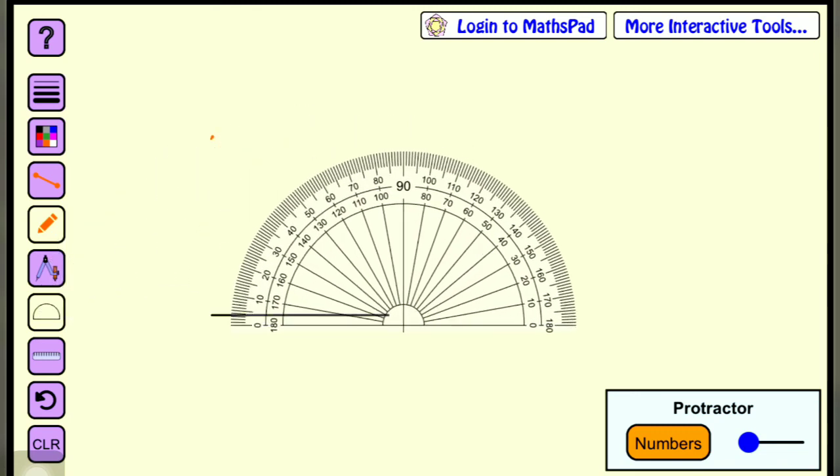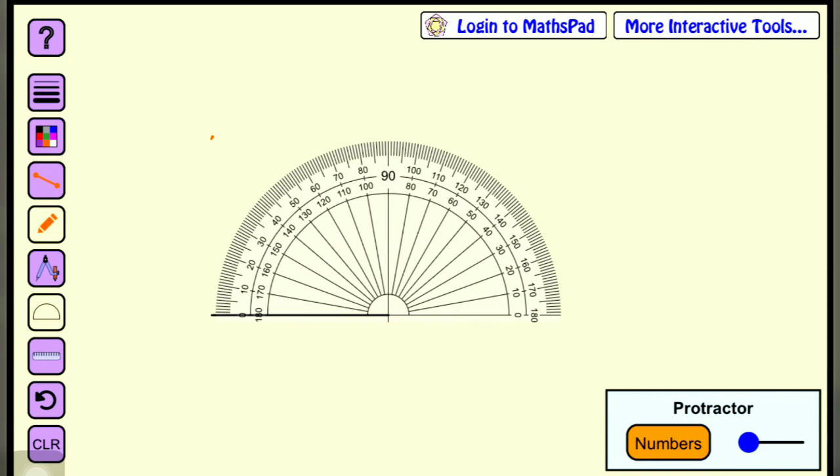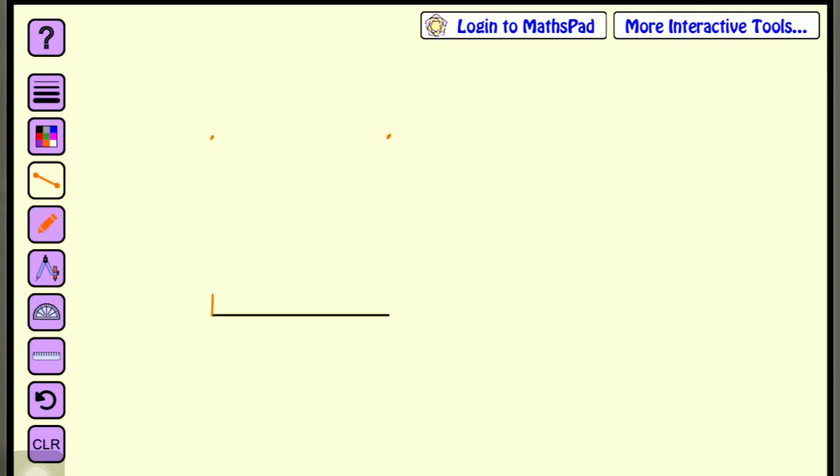Then we will shift this to the other point and mark again for 90 degrees. Now we will join these points, like this, to get the angle of 90 degrees, and here also we will join this point so that we can get the angle of 90 degrees.